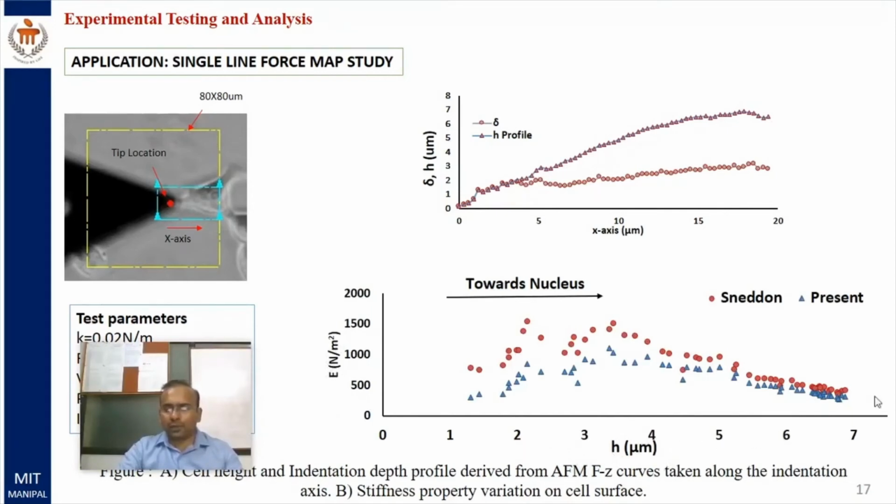As usual, as the thickness is increasing, delta by H is becoming smaller with increasing H value, and there we see this convergence.